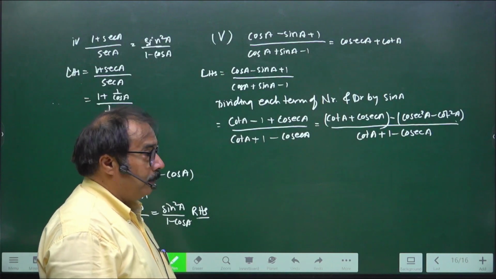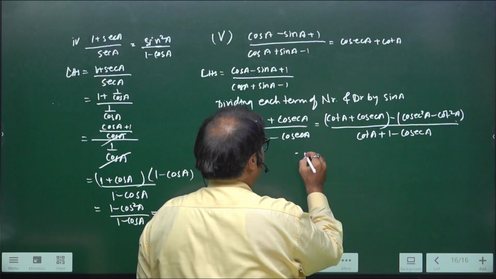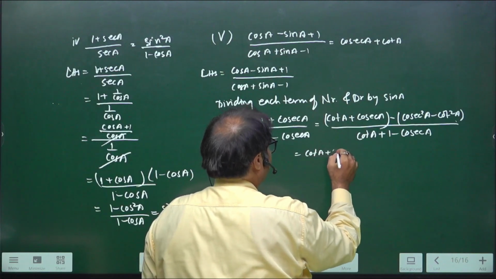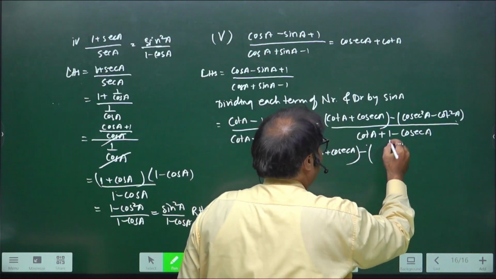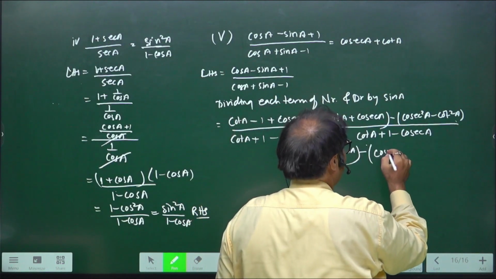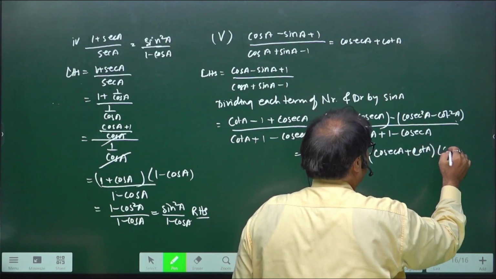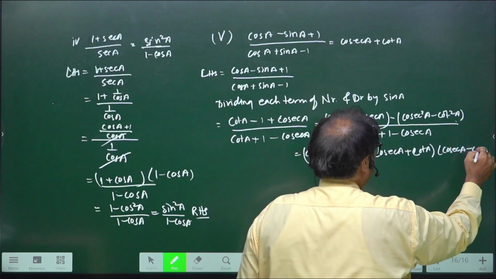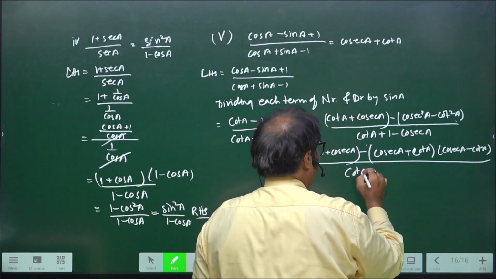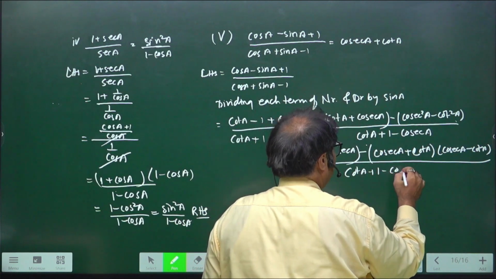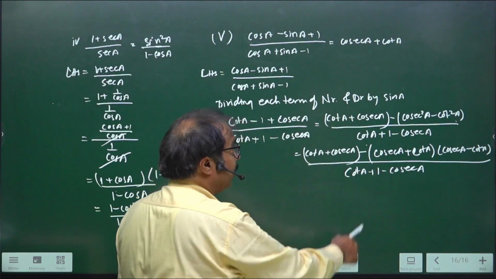Okay, got it? Now apply A square minus B square. So this is cot A plus cosecant A into (A plus B)(A minus B): cosecant A plus cot A into cosecant A minus cot A, divided by cot A plus 1 minus cosecant A. Okay. Now what is coming common? Cot A plus cosecant A is coming common.